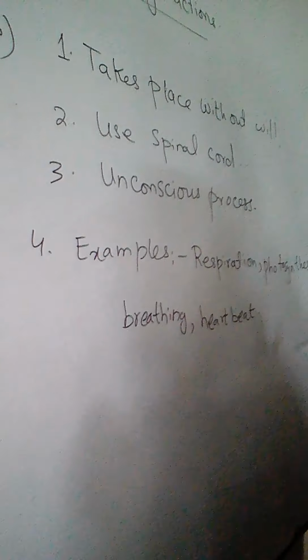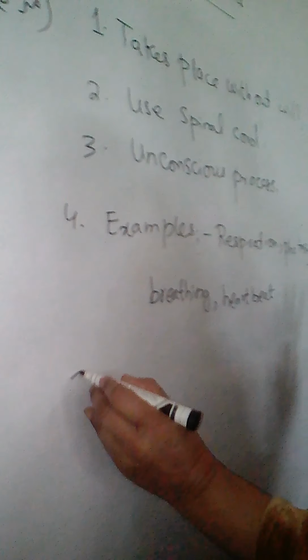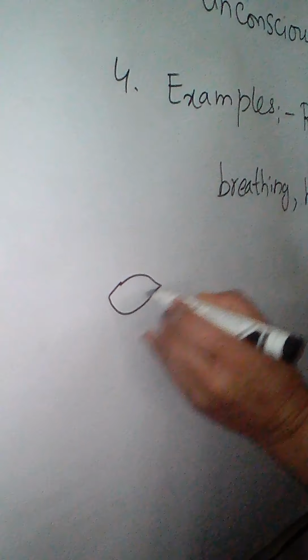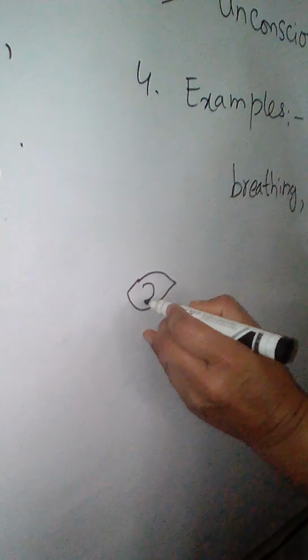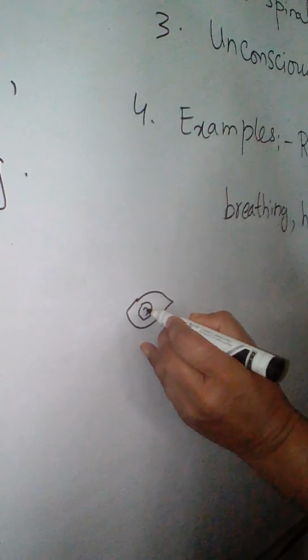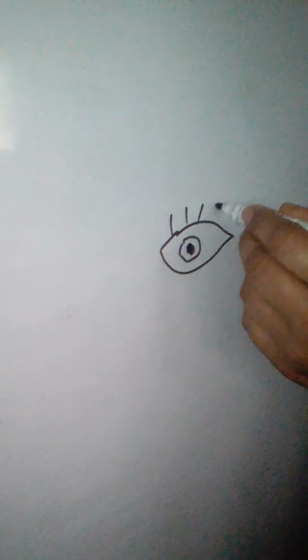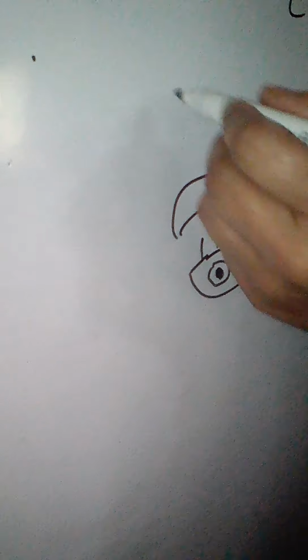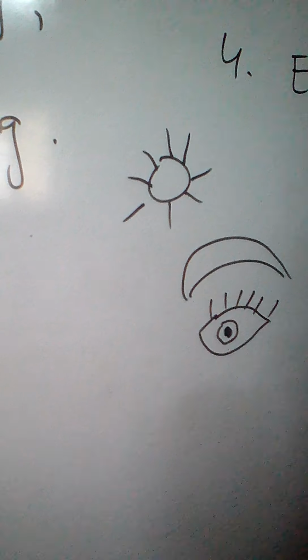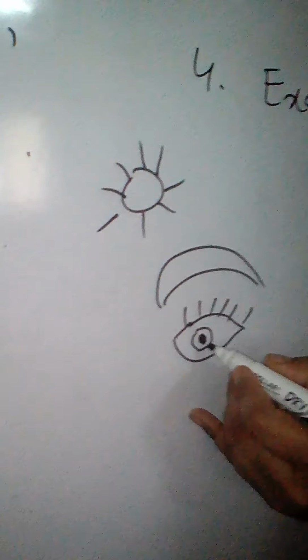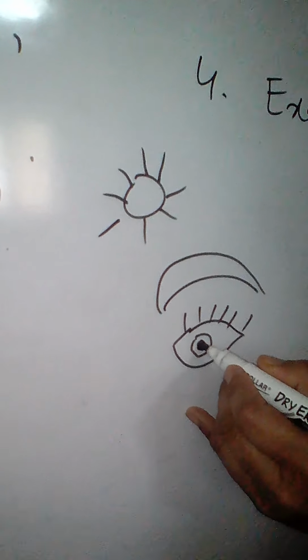And I would like to give you another example of involuntary action by saying that whenever a person is in bright light, the pupil shrinks in size. Whenever a person is in bright light, the size of the pupil reduces automatically. This is an automatic process.